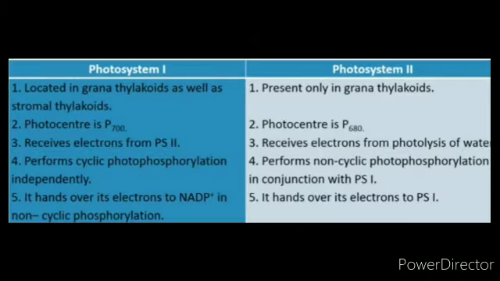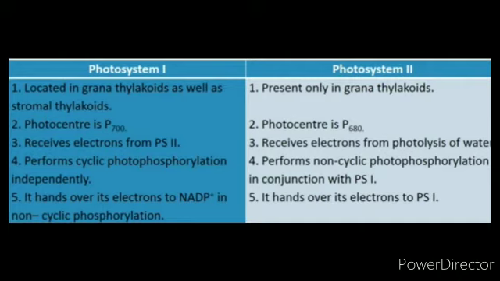Now we'll see the photosystem 1 and photosystem 2, and what the differences are. Photosystem 1 is located in the grana thylakoids as well as the stromal thylakoids. Photosystem 2 is present only in grana thylakoids. PS1 is P700. PS2 is P680, and it receives electrons from photolysis of water.